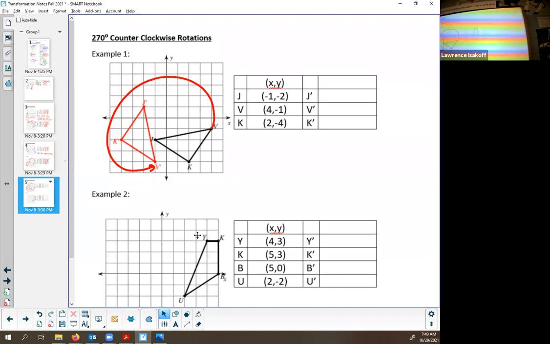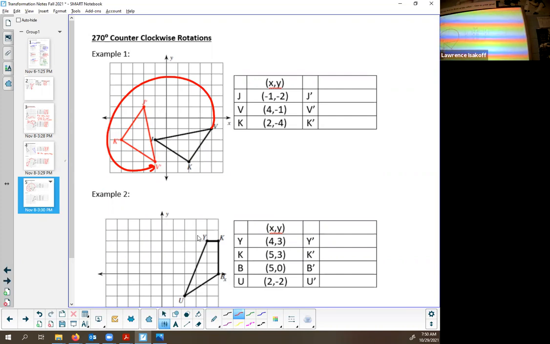But again, it would seem to be a pain if I did a 180 and then a 90 to get all the way to 270. Why am I going to do 2 different ones? Or I could even do 90 three times to get there. But again, that seems a little much. So let's try and establish a rule.